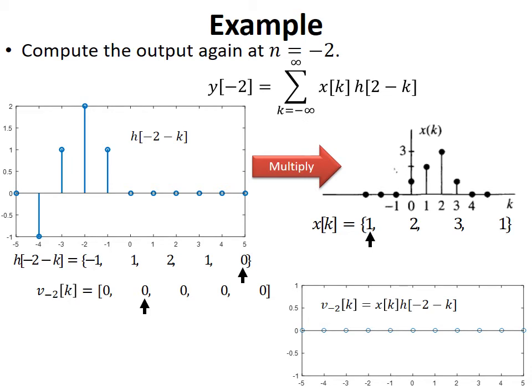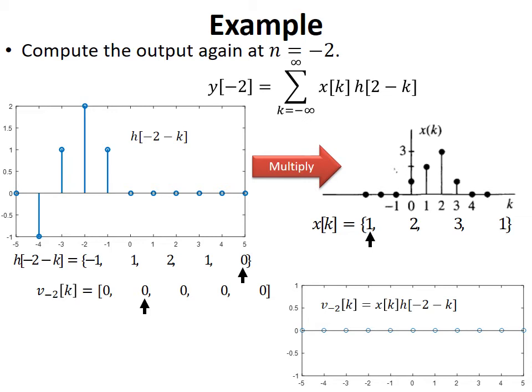Now you can see that you will get 0 samples as a result of the product of h of -2 minus k and x of k, because all the non-zero samples of h of -2 minus k are occurring when k is negative, and all the non-zero samples of x of k are occurring when k is either 0 or positive, right? So the product would give you all the zeros, right?